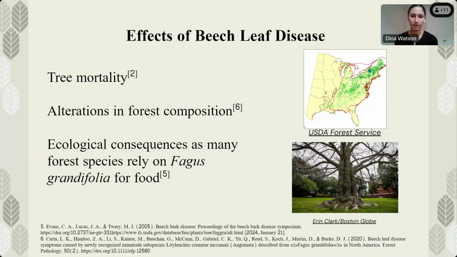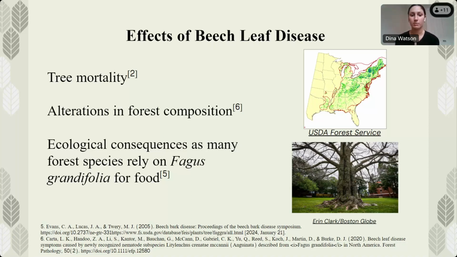The compounding of these more severe symptoms can lead to tree mortality, especially when there are so many aborted buds that no leaf is able to grow. An example of tree mortality is this image on the bottom. As you can see, this tree is exhibiting no leaf growth, while the trees in the back are fully grown with leaves.